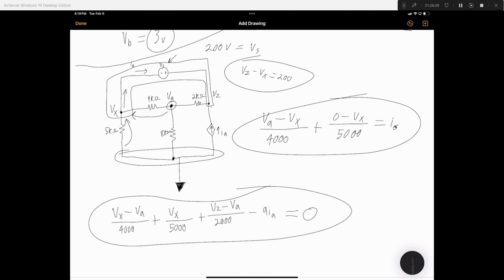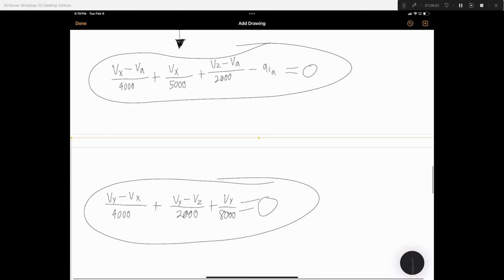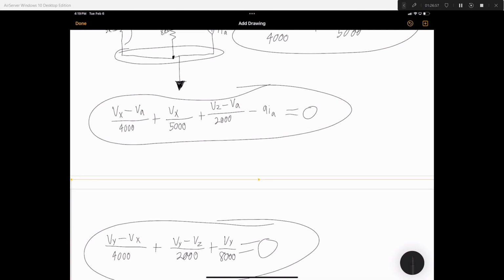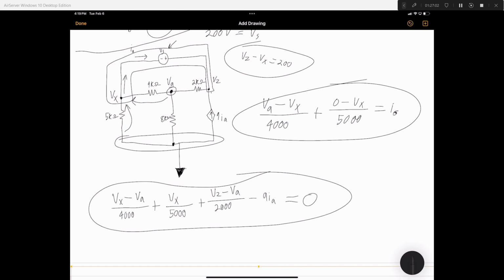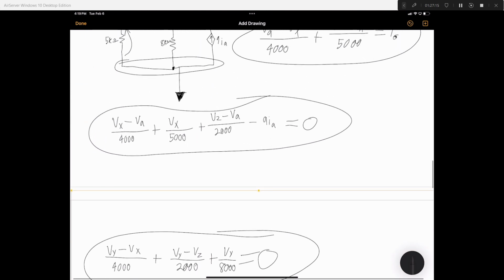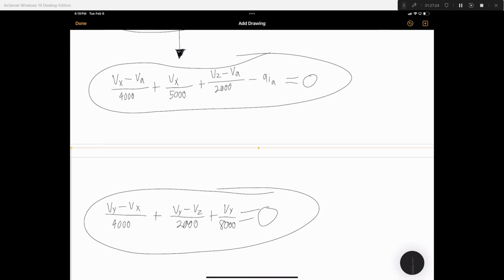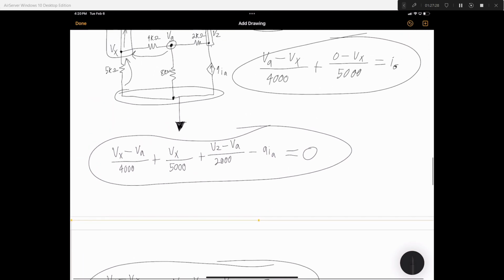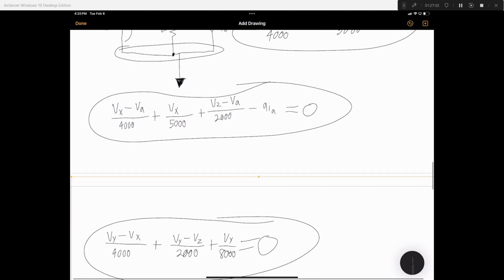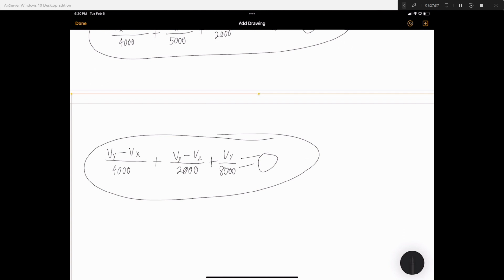These are our equations. So we're gonna solve the nodes.